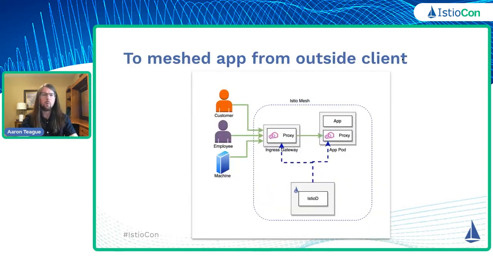Anyway, what if something from the outside world, or outside of your mesh, tries to talk to something within your mesh? So you have an app in here, it has a pleasant UI, and you want to expose it to a customer, one of your own employees, or some machine that has a script that runs on a cadence of some sort. You'll want that to always go through the ingress gateway, mostly because it creates a much simpler pattern.